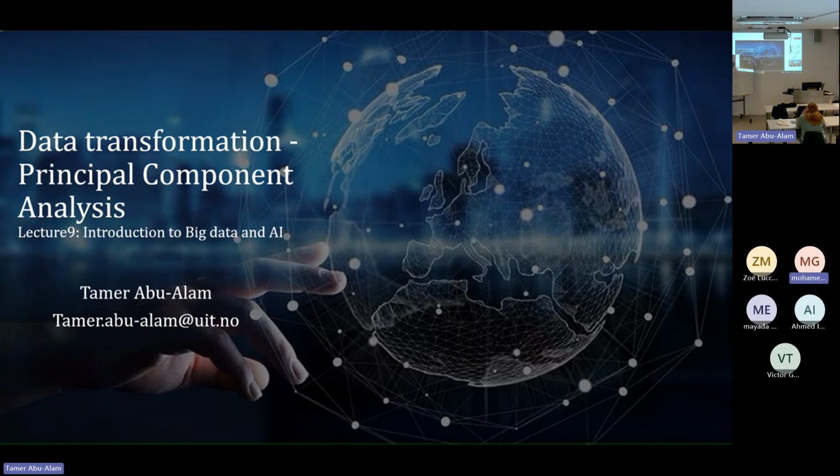After the data cleaning, we got some lectures about data statistics, to understand what's inside the data. And then we got data visualization, which is again related to data statistics, to understand what is going on.